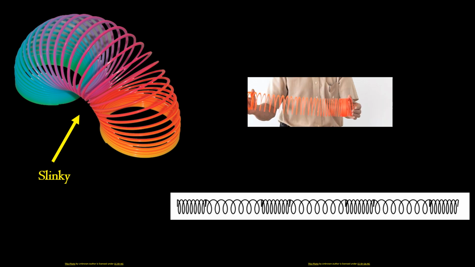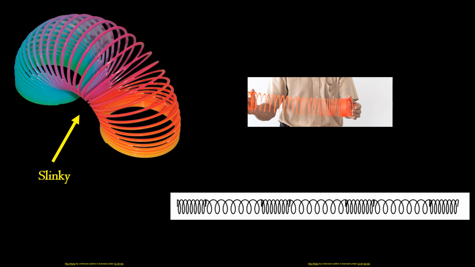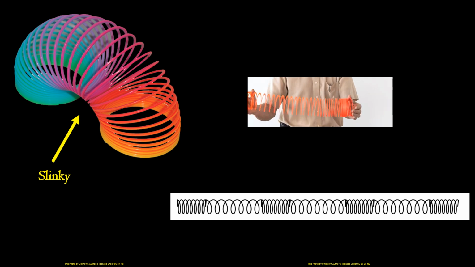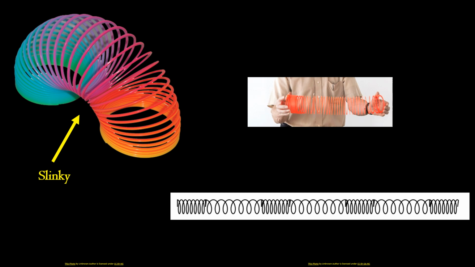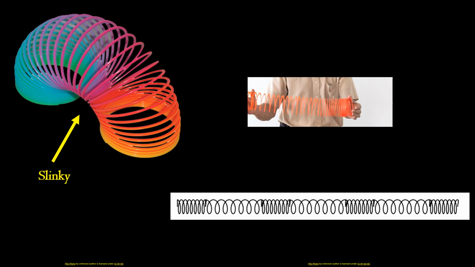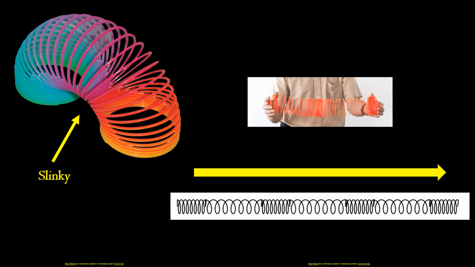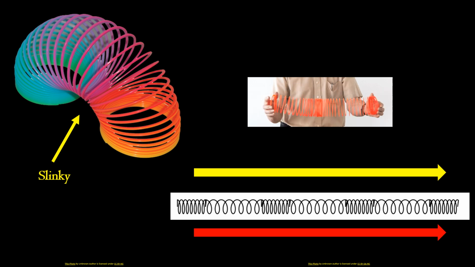A longitudinal wave is a wave where the direction of motion of the wave is parallel to the direction in which the particles of the medium are displaced. This means that if the direction of motion of the wave is horizontal, the direction of displacement of the particles of the medium will also be horizontal.